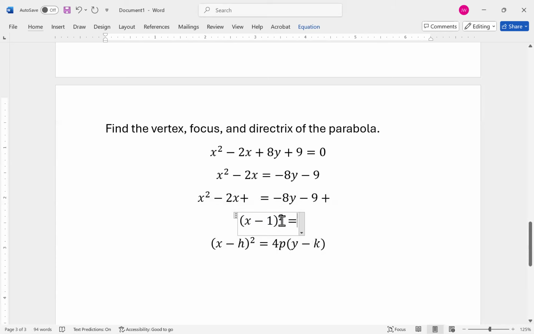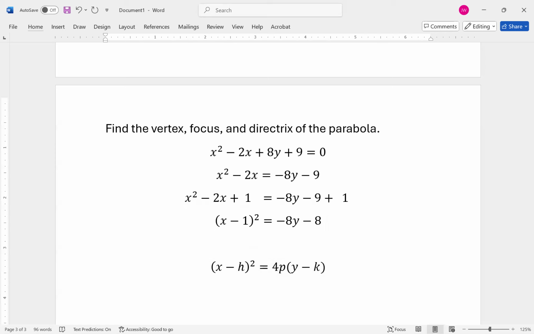Then I square -1. -1 times -1 is a +1. So that tells me I need to add 1 to both sides. Combining like terms on the right-hand side gives me -8y minus 8. And then I usually factor out the coefficient of y so that it looks perfectly in line with my equation.